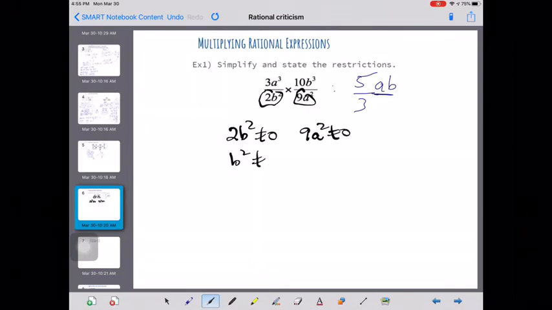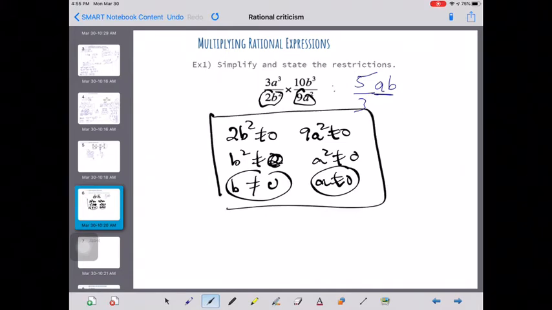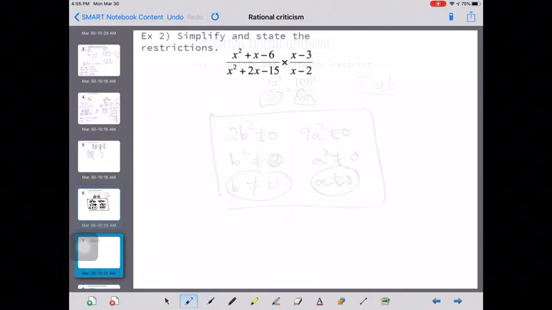So we divide both sides by 2, and then we take the square root. 0 divided by 2 is 0. In this case here, 0 divided by 9 is 0. Take the square root. So these are our restrictions before we actually start to simplify. This should have been done first before I actually started.